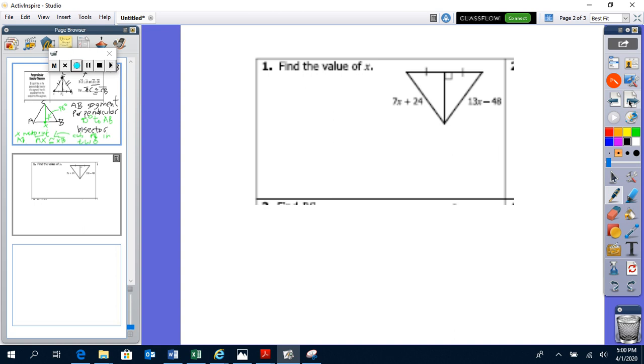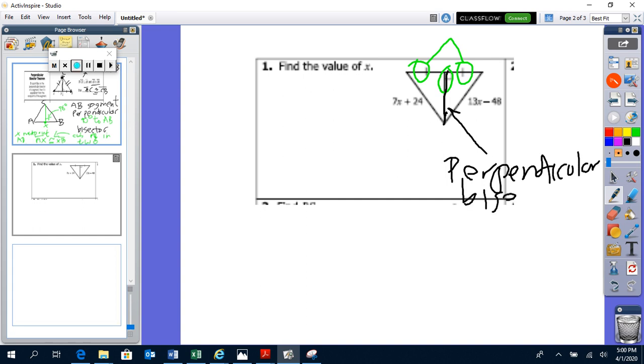So here's an example for you. Find the value of x. Okay, so basically we can see we have a right angle here and we have two lines here. So what this tells us is that the line in the middle here must be a perpendicular bisector.